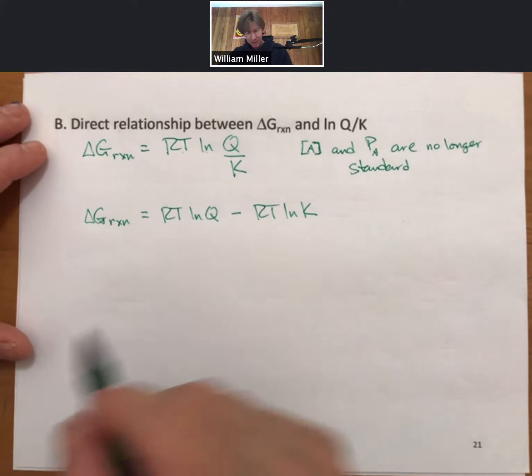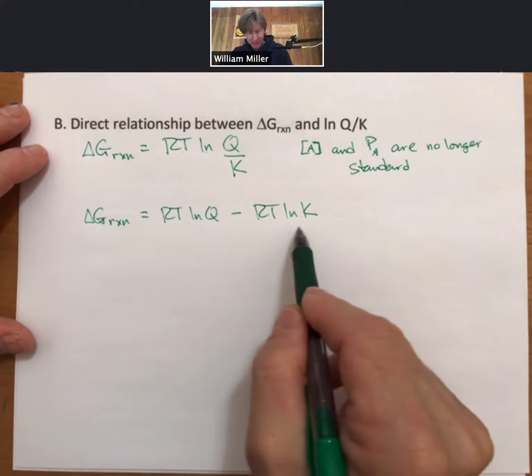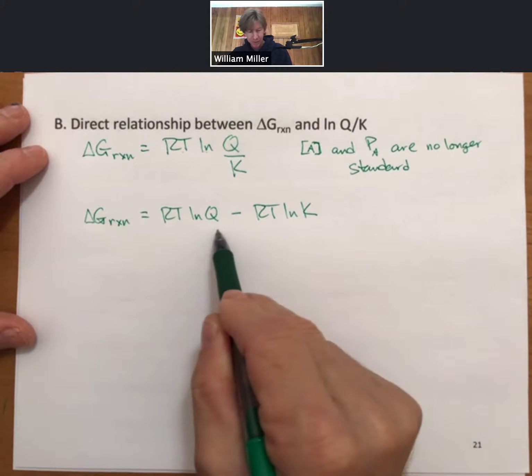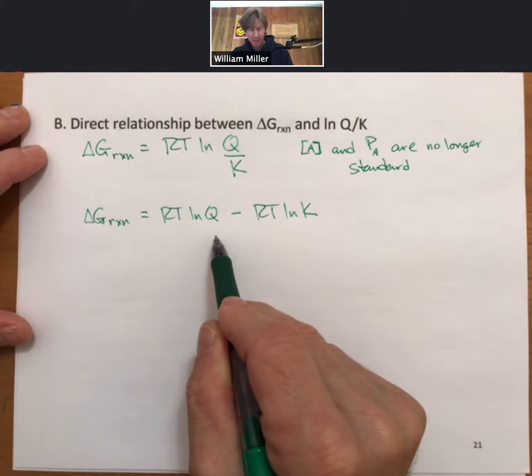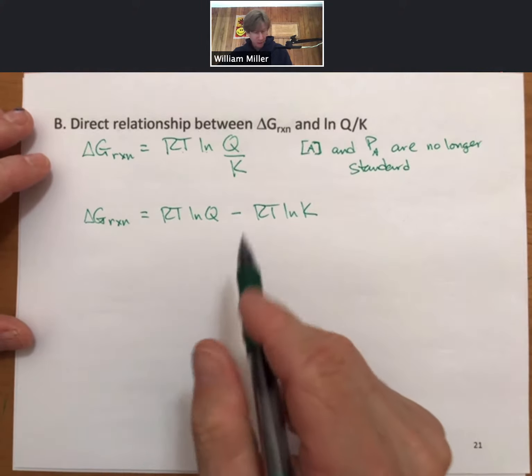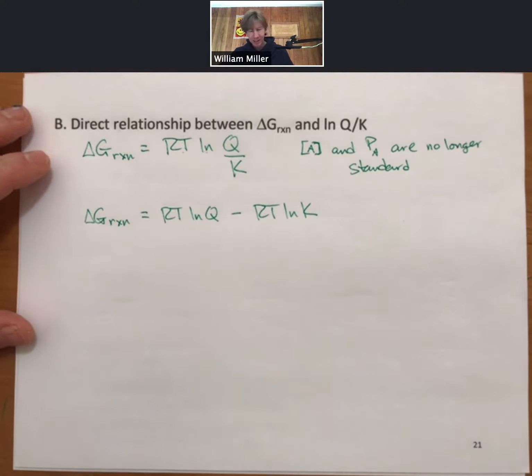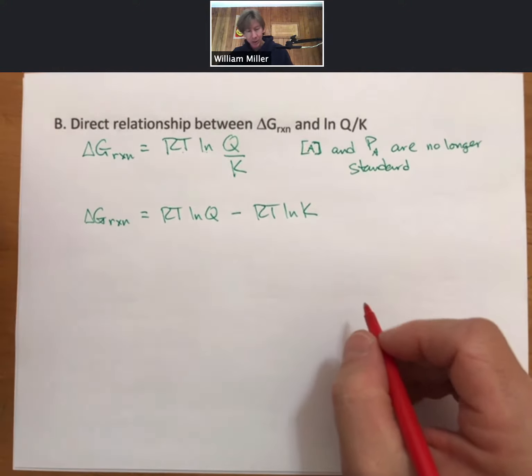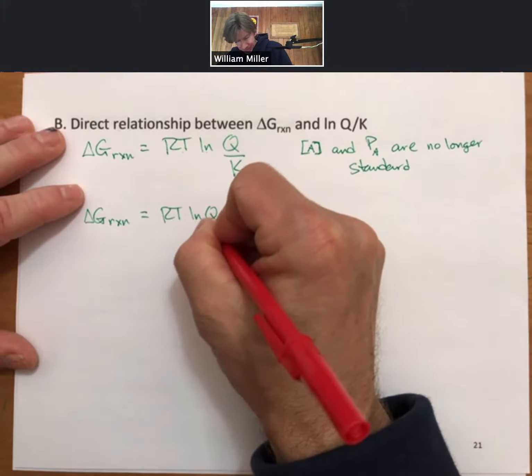And so again, this is a very general equation, but let's do some more work with it. So in the unusual case, now we're going to go back to standard conditions.